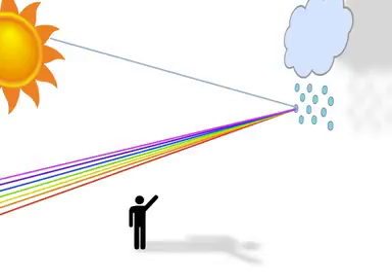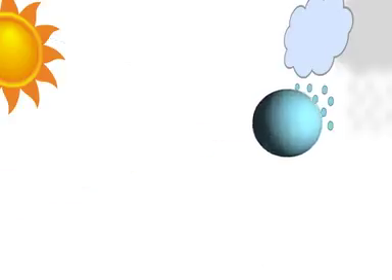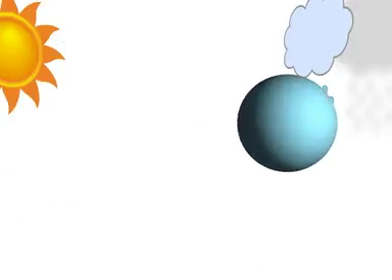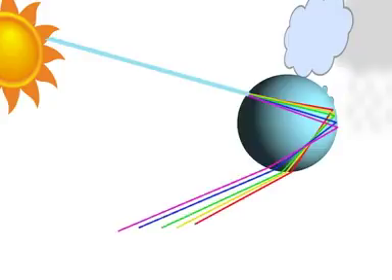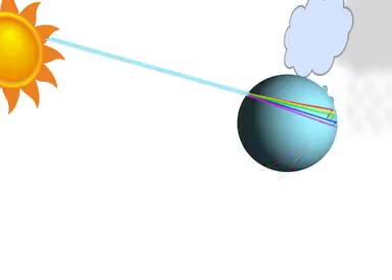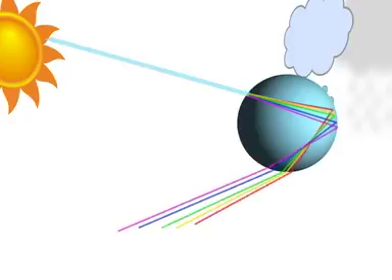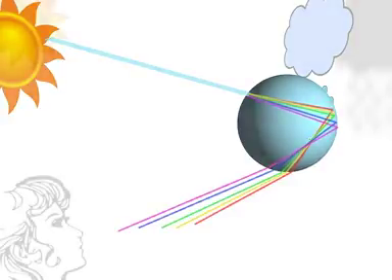When the sunlight goes from the air and enters the water of a raindrop, it bends, just like in a prism, and the light slows down, separating the colors as they move out of the raindrop at slightly different speeds. The colors reflect off the inside of the drop twice, then exit. Each color exits at a slightly different angle.